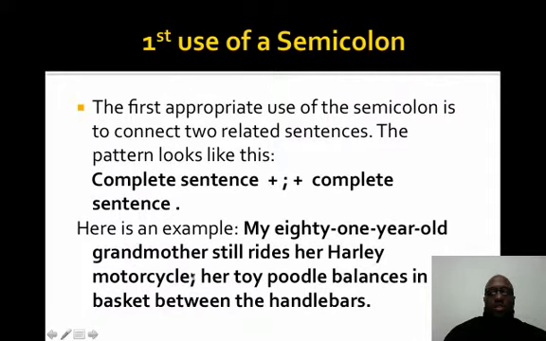So instead of just ending the sentence with a period like we would typically do, a semicolon serves as a conjunction in a sort of way, combining two sentences into one more complex sentence. So you have your first sentence combined with your semicolon along with your second sentence. That's one use of a semicolon.